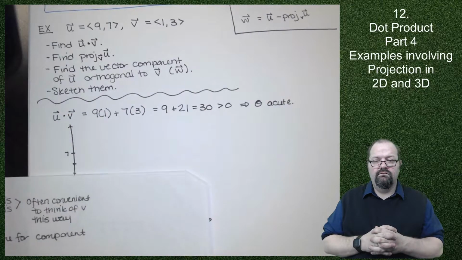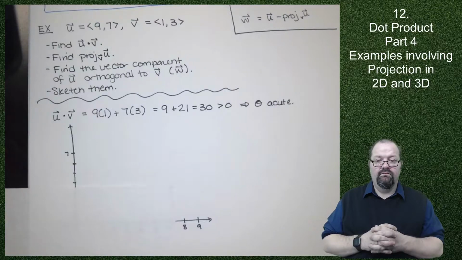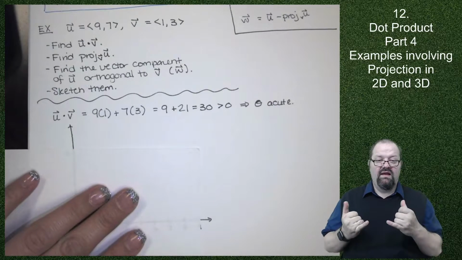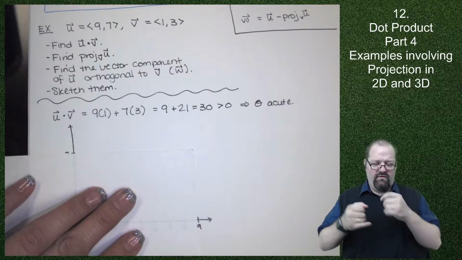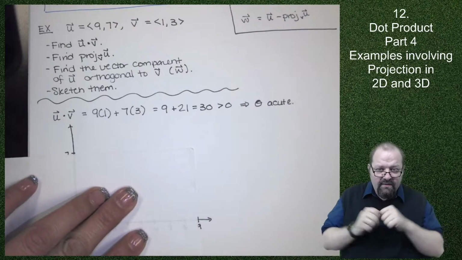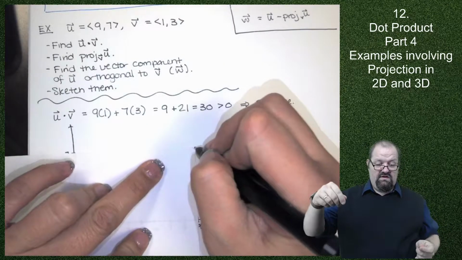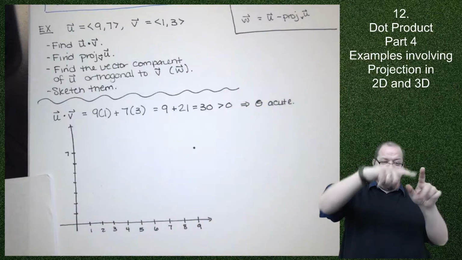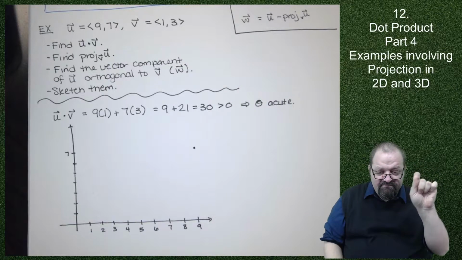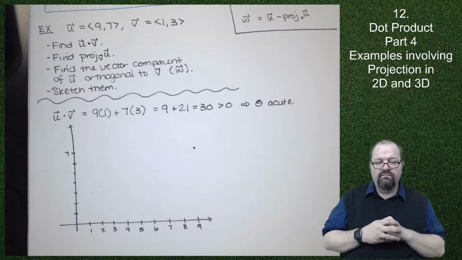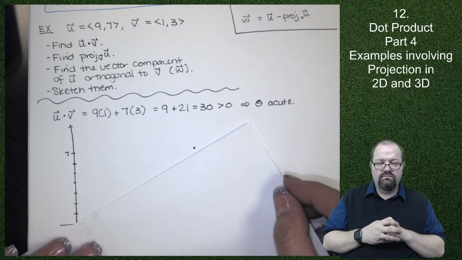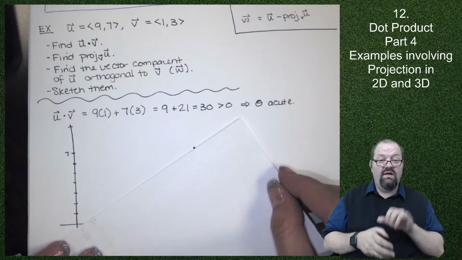And at the point 9, 7, use another piece of paper as a straight edge. 9, 7 is right there approximately, that corner. So this is my vector u.